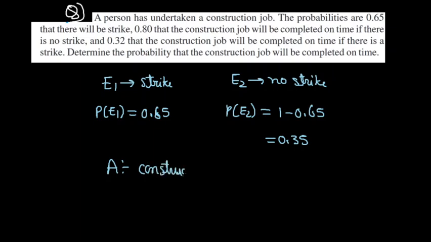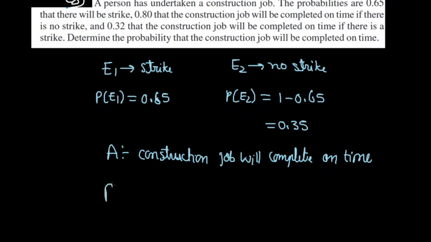Then what probabilities are given? The job will be completed on time with probability 0.8 if there is no strike.